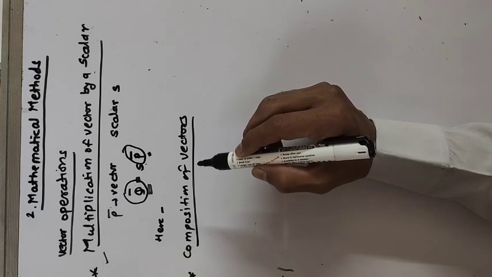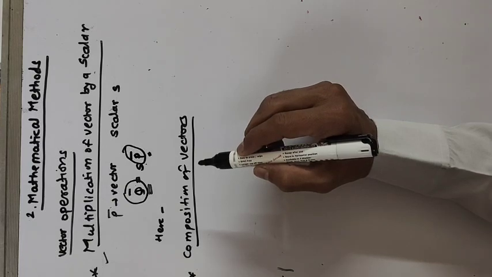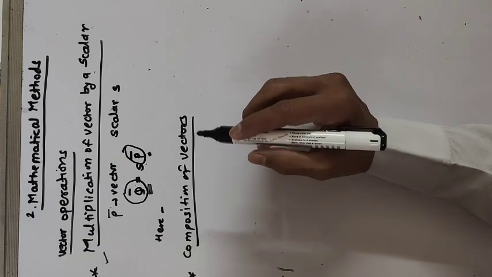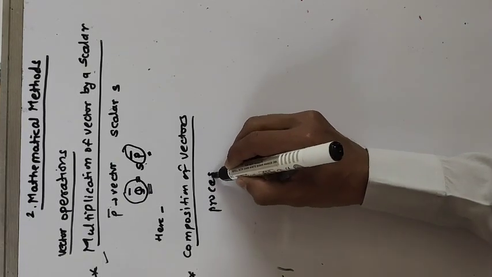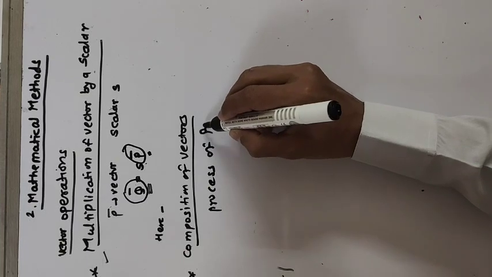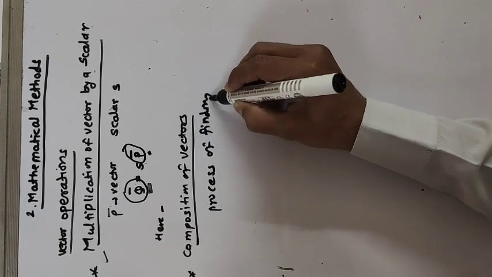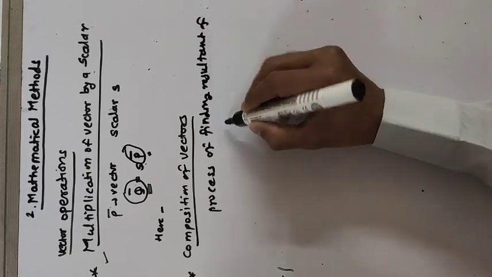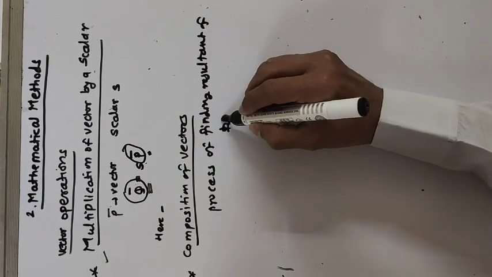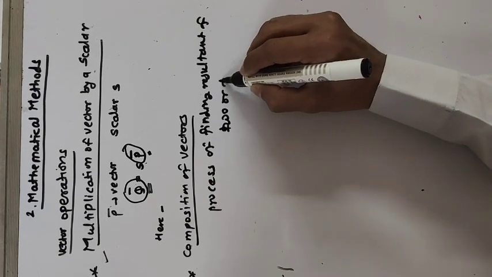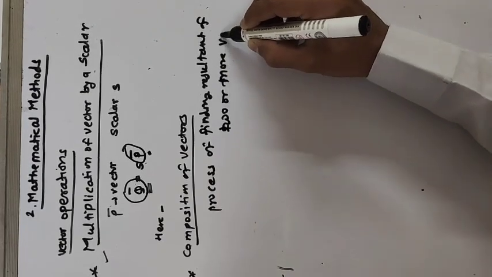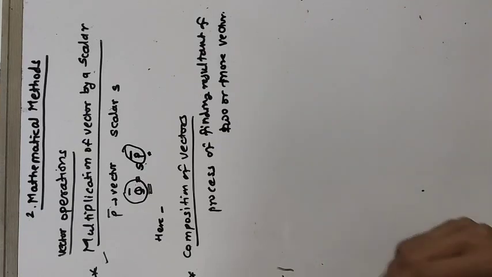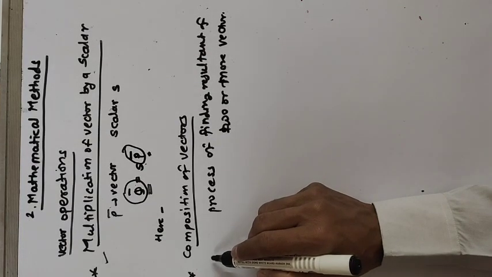The process of finding the resultant of two or more vectors is called the composition of vectors.